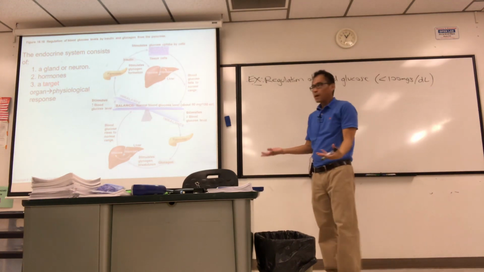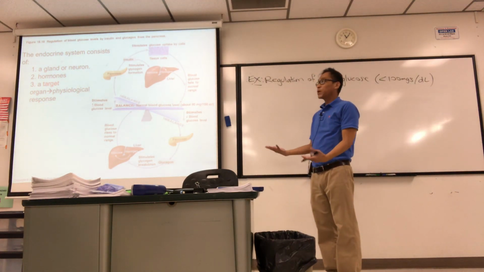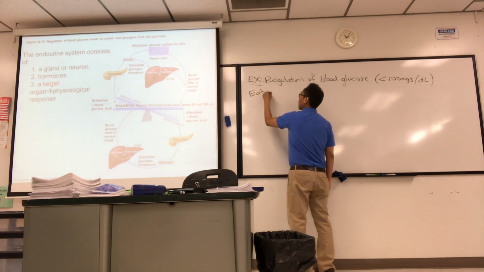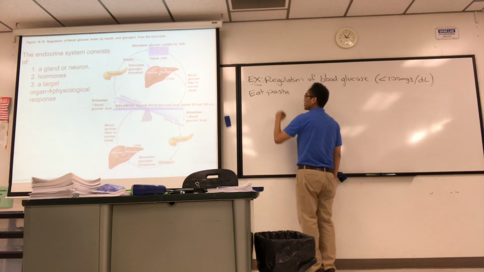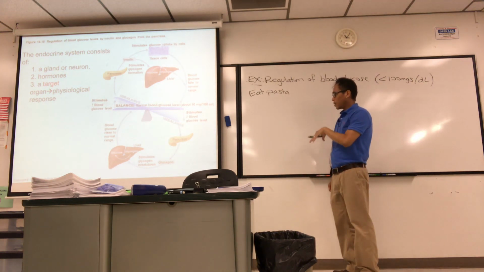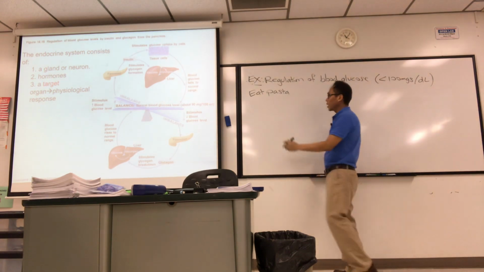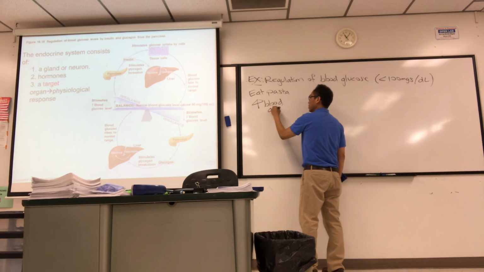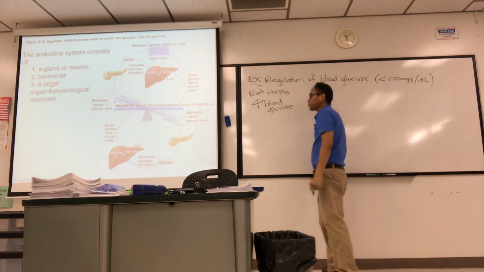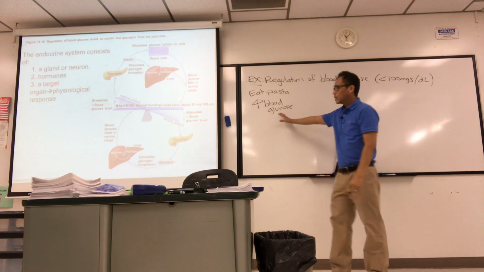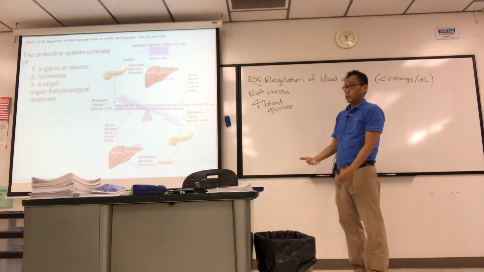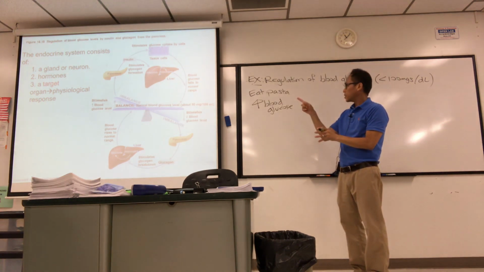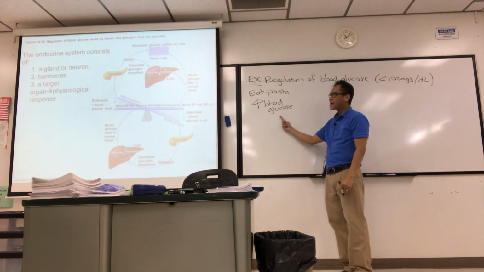You eat a meal, pasta or an apple or something, and your blood sugar goes up. Eat pasta. Your digestive system breaks down the starch, the simple sugars get absorbed into the blood, increasing blood glucose. And your body needs to take that nutrient molecule and do something with it. It needs to get it to the tissues that can burn it and use it. And so you have to have a mechanism to detect that.